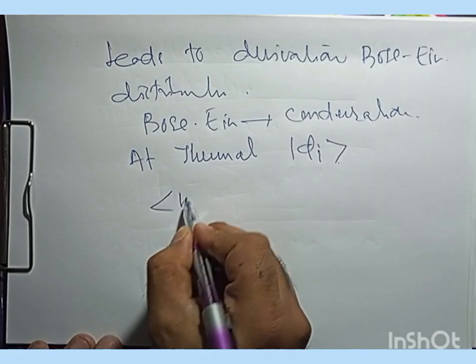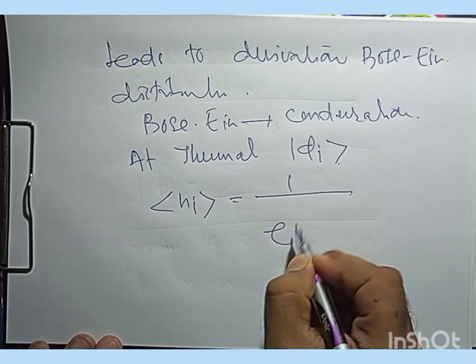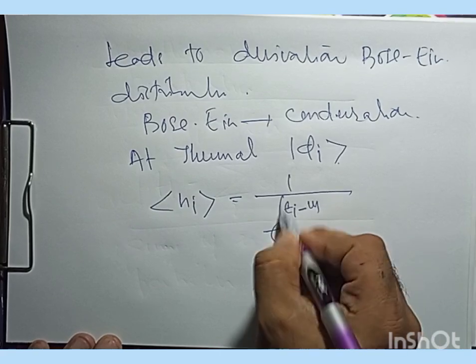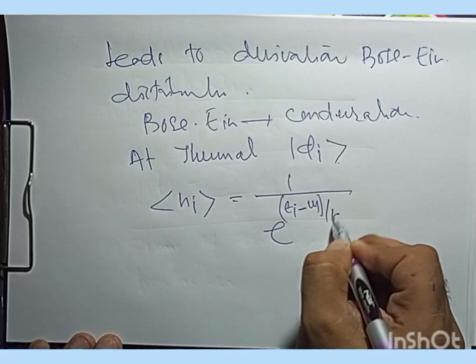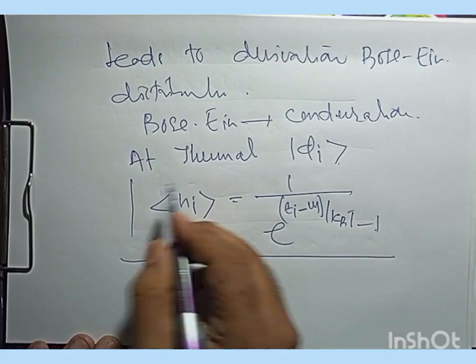And what's that distribution? n_i is 1 by e to the power of (e_i minus mu) divided by k_B T, minus 1.